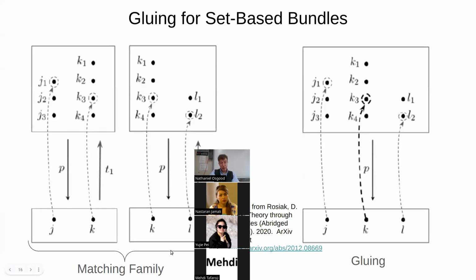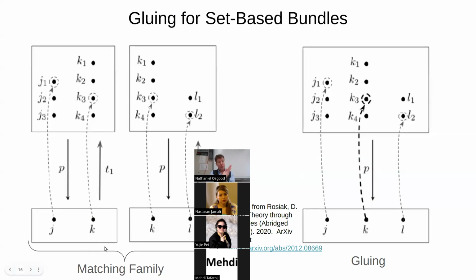With these gluing properties, we have unique gluing for every matching family here, and we can restrict down for any subset of U and V if we have U intersect V as a self and open. That's going to have a map into U.